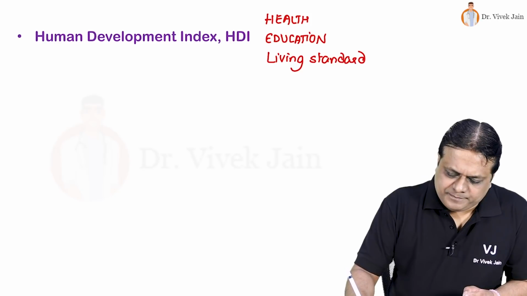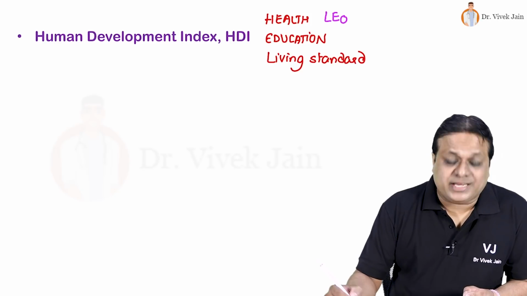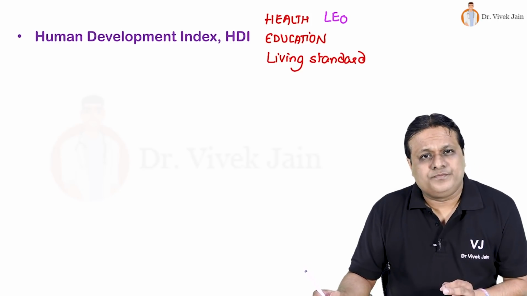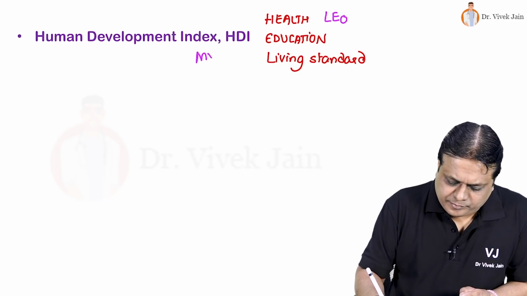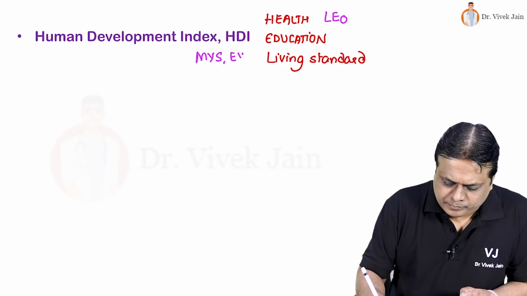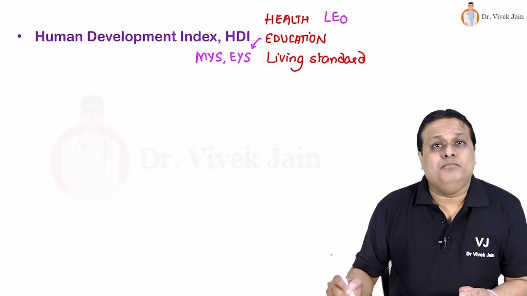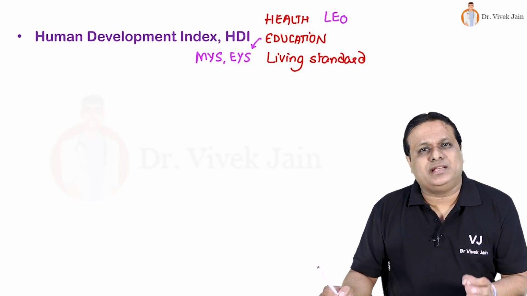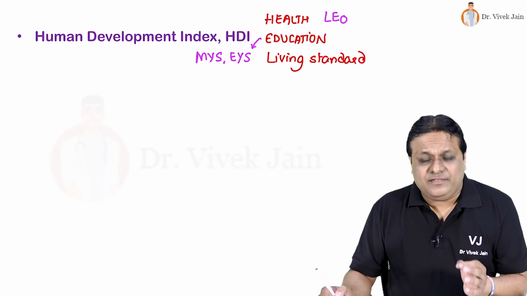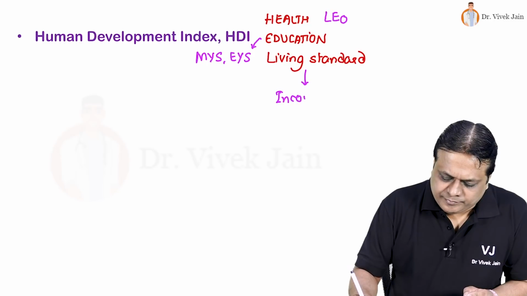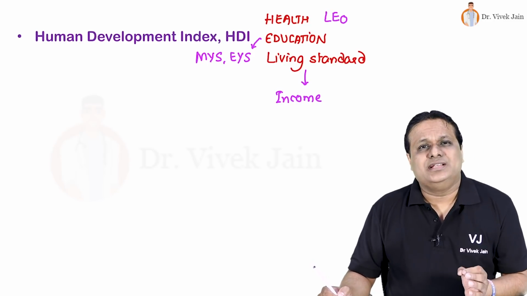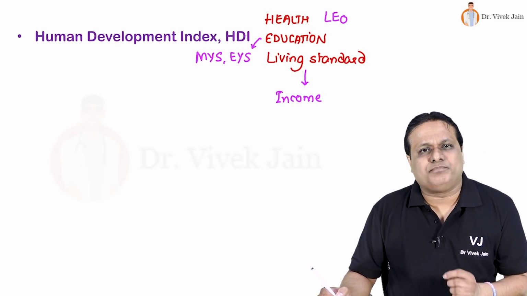Health is measured by life expectancy at birth, that is LE0. Education is measured by mean years of schooling and expected years of schooling, and living standard is measured by income, that is measured in GNI, gross national income per capita.